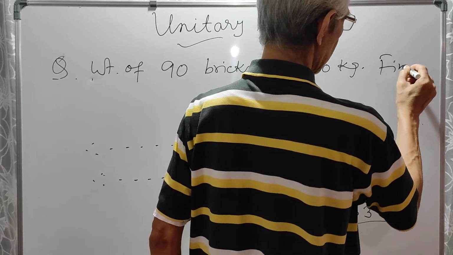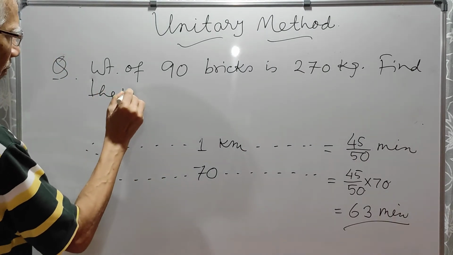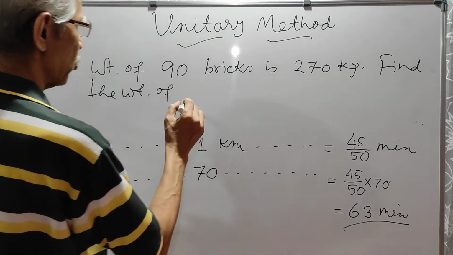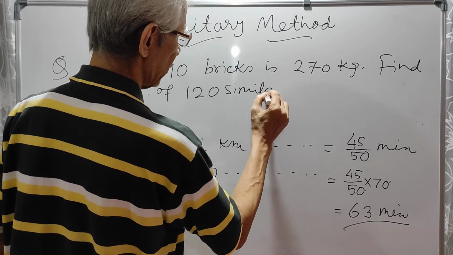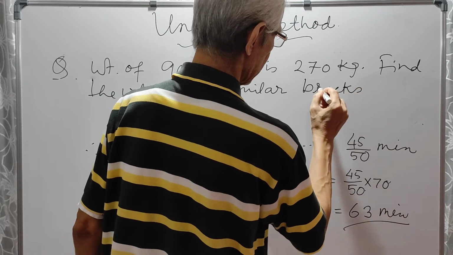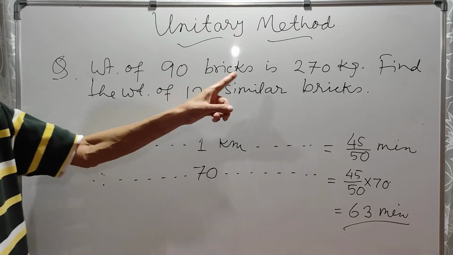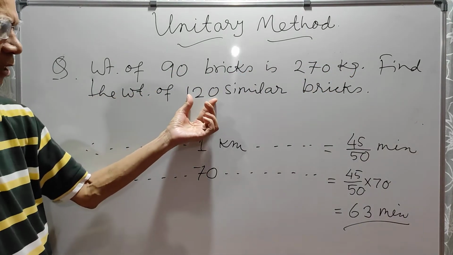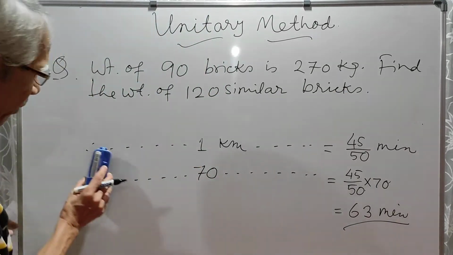Find the weight of 120 similar bricks. Is it clear? Weight of 90 bricks is given as 270 kg. So you have to find the weight of 120 exactly similar bricks. Again, let us do it by the unitary method.